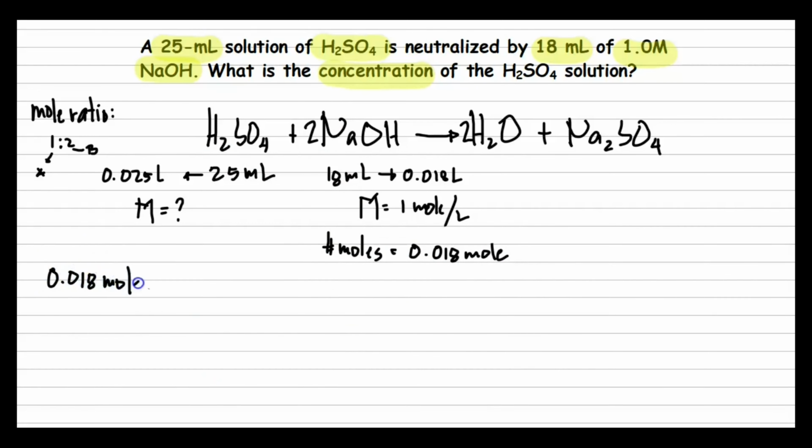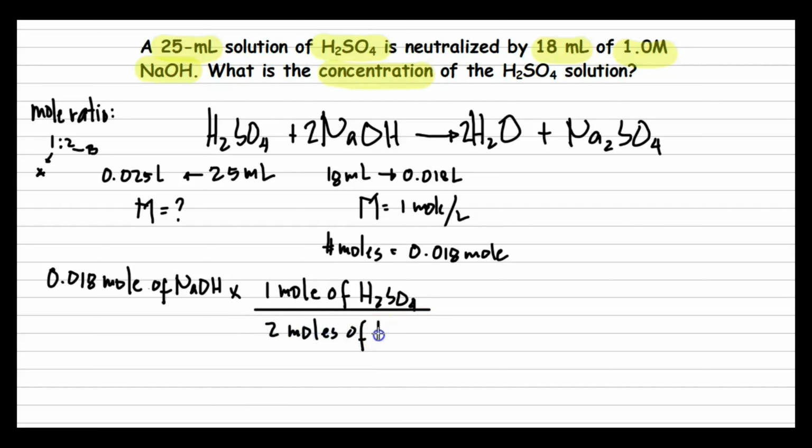0.018 mole of NaOH multiplied by 1 mole of H2SO4 divided by 2 moles of NaOH. As you notice, I place 1 mole of H2SO4 as the numerator and 2 moles of NaOH as denominator because I'm trying to get rid of NaOH.